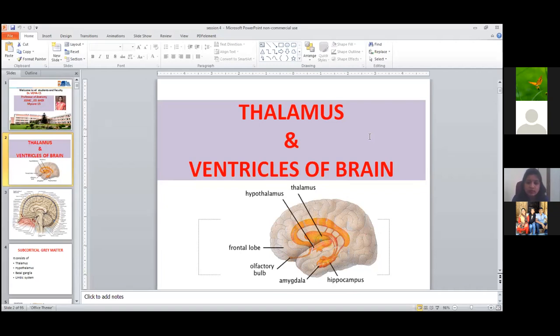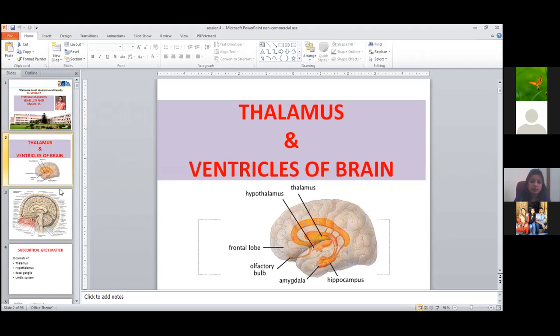Then I covered the functional areas in detail. We have studied the blood supply of the brain along with the cerebellum. So now some of the important gray matter present in the cerebrum, as well as the ventricles of the brain.